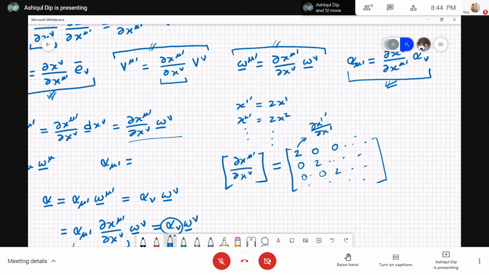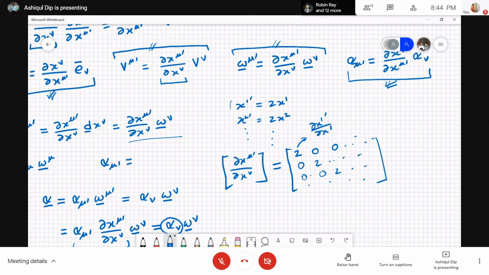I do not understand why only the diagonal matrix will have value 2. Sorry. Yeah, this is because of our transformation rule. We defined our transformation rule to be like the new coordinate x1 prime equals twice x1, and x2 prime equals twice x2, and like that. So we are taking those derivatives, and this is basically the Jacobian matrix, as we call it.